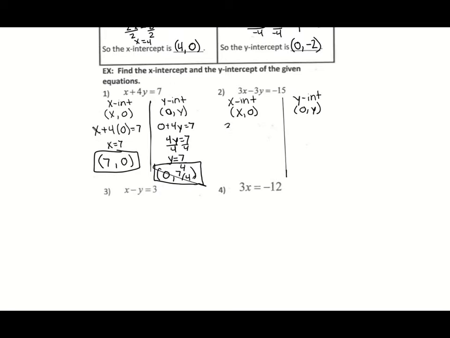I get 3x minus 3 times 0. 3 times 0 is 0. 3x equals negative 15. Divide both sides by 3. X equals negative 5. So that gives me my point, negative 5, 0.